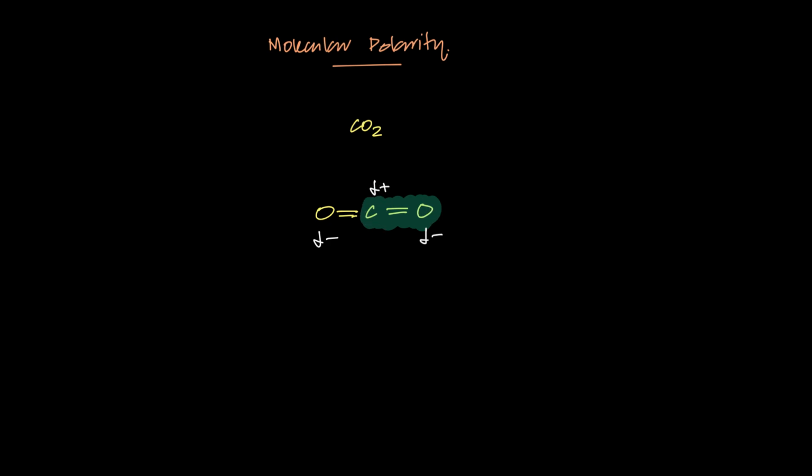Here's an example of a molecule having two polar bonds. This is a polar bond, and so is this one. It is absolutely true. Both of these bonds are polar.